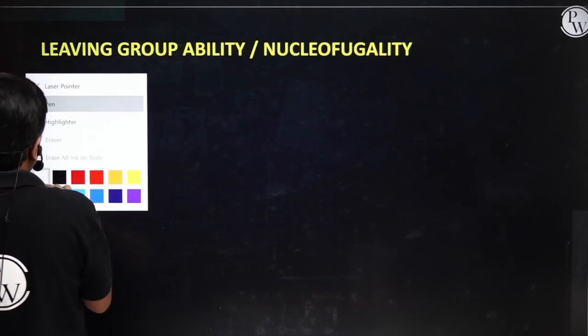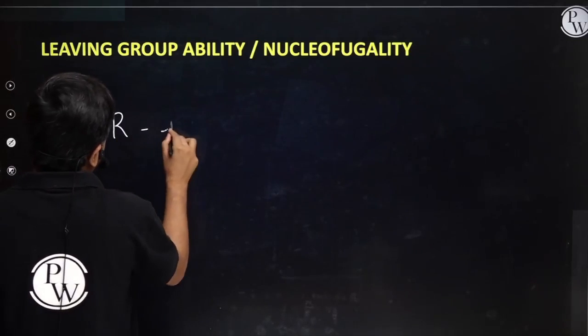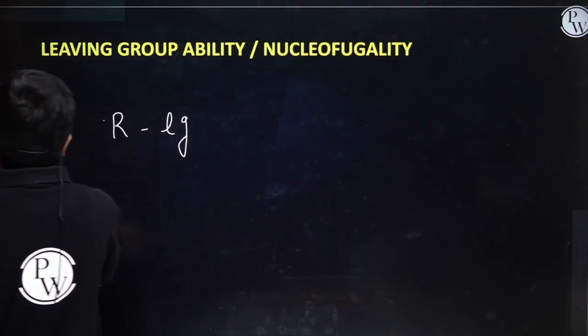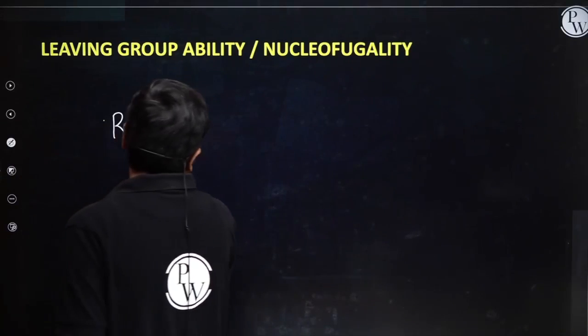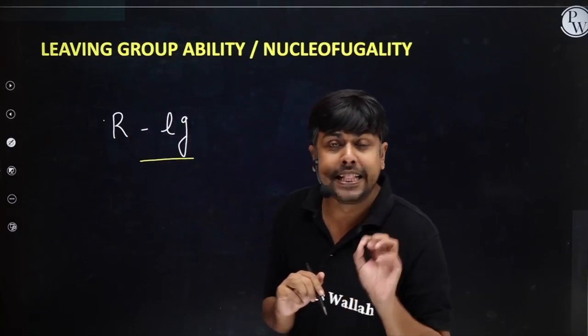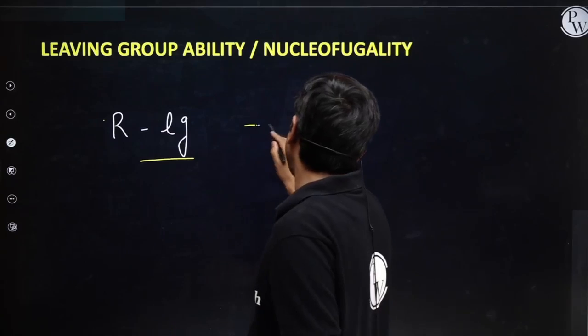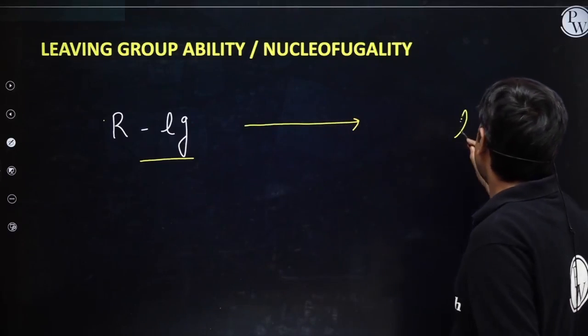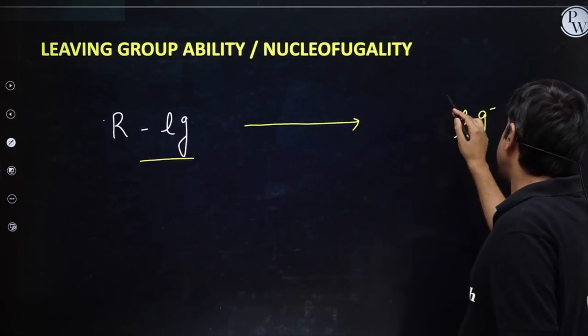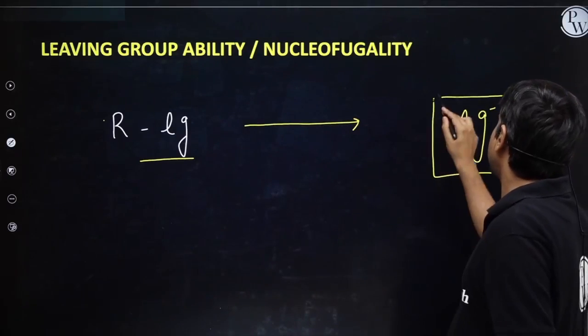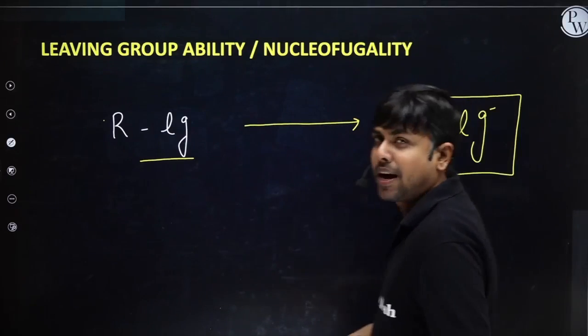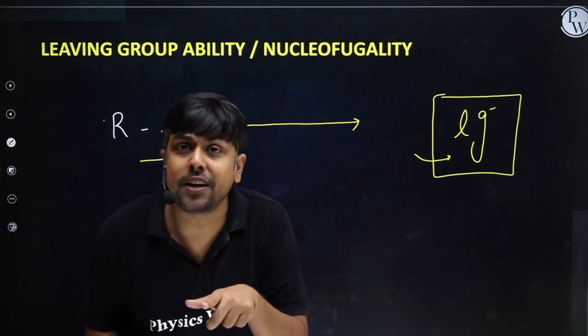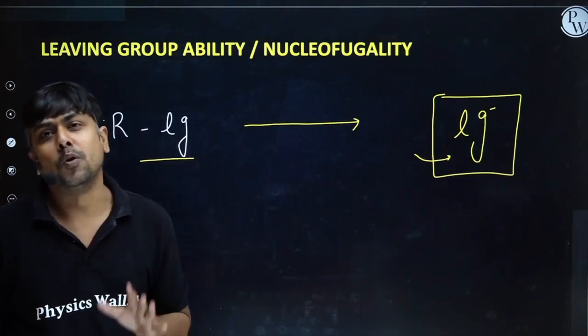Students, in most of the substitution reactions or elimination reactions, one of the groups has to depart, right? And that particular group is referred to as leaving group. Now the leaving ability of a leaving group simply depends on the stability of this Lg minus, because after departure it will get converted into anionic state most of the time.